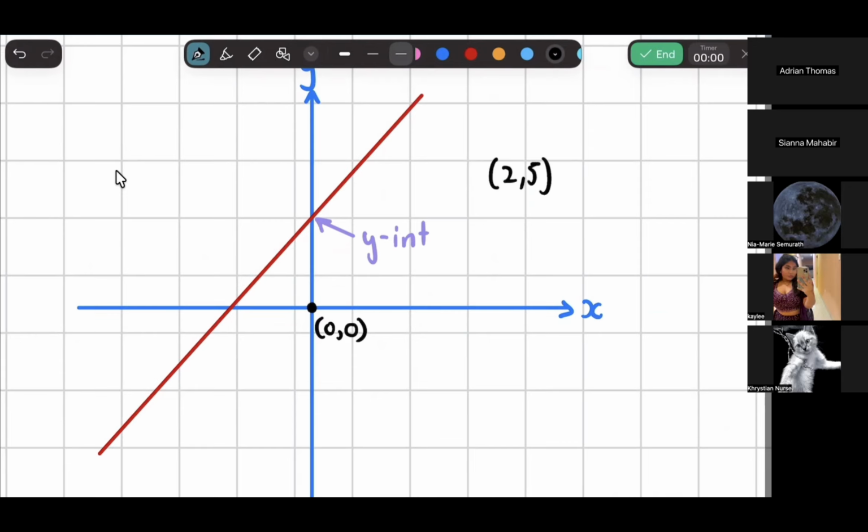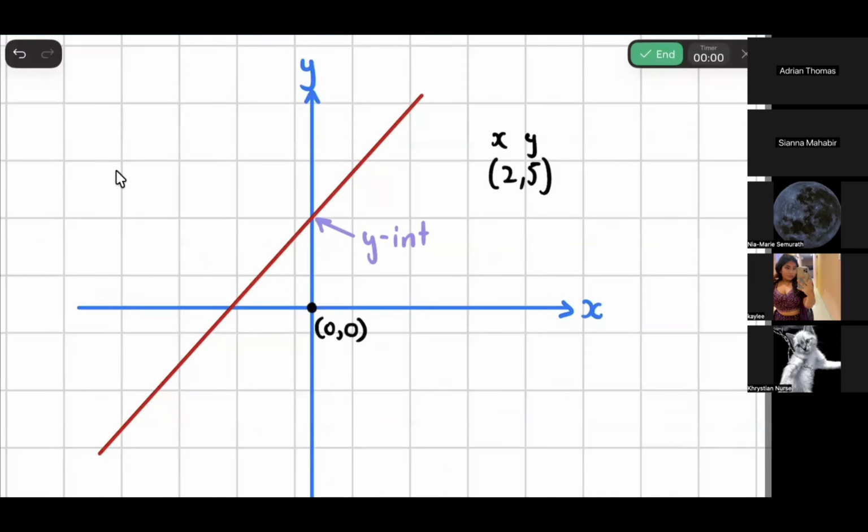You need to understand that the first value is the x value, and the second value is the y value. So if I said 2, 5, that would mean you're starting from the origin, moving 2 spaces to the right, and then moving 5 up. That is what it means to plot a point. Adrian, I don't know if you understand that. Yes, sir. So again, the first value is the x value. If I say x is 2, that means 2 on the x-axis. And if I say y is 5, that means 5 on the y-axis.